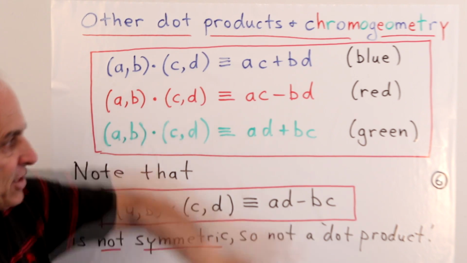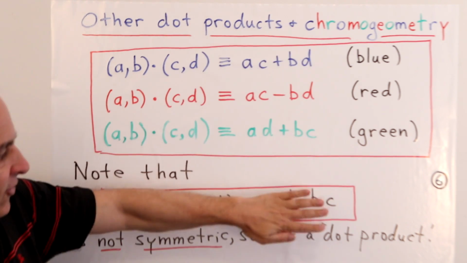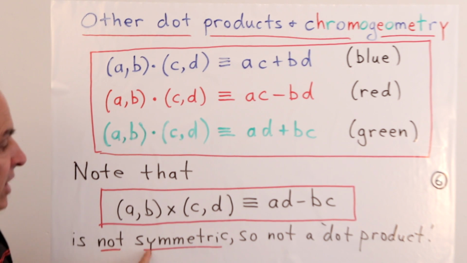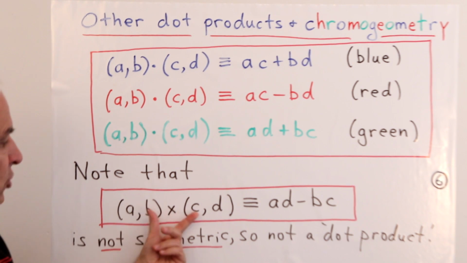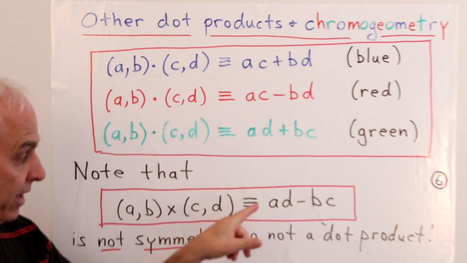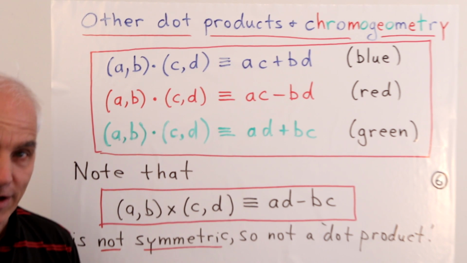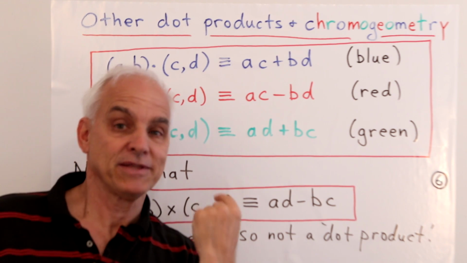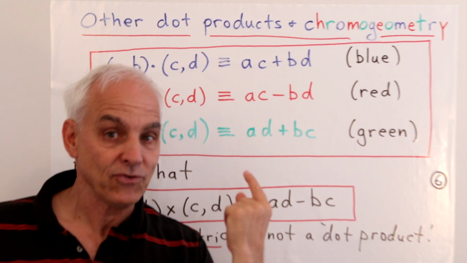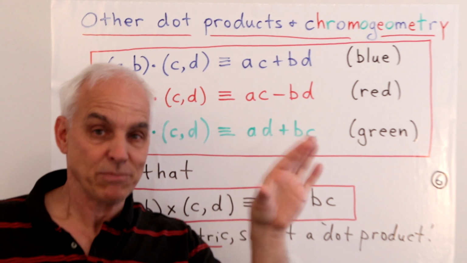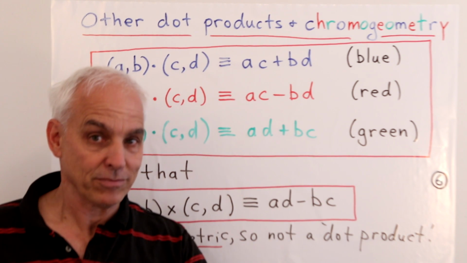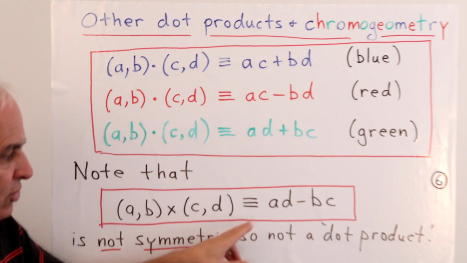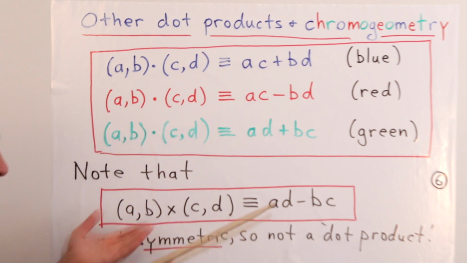You should think of these three as being in one box, and this as being in another box. This one is different because it's not symmetric. If you interchange the order of the vectors there, this thing changes by a minus sign. So it does not have the symmetry property. I remind you that the symmetry property is just what we used in that previous correspondence with Pythagoras' theorem. So that argument's not going to work with this one. We do not call this a dot product, we call this the cross product.